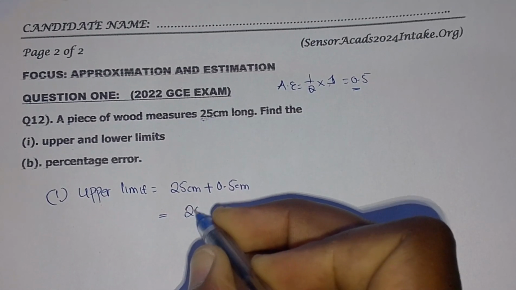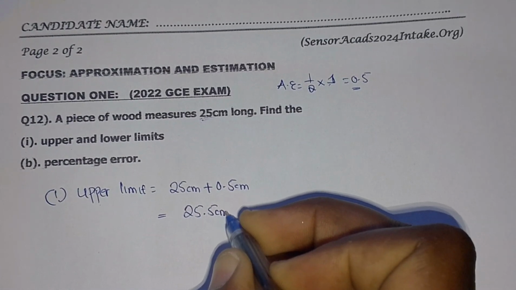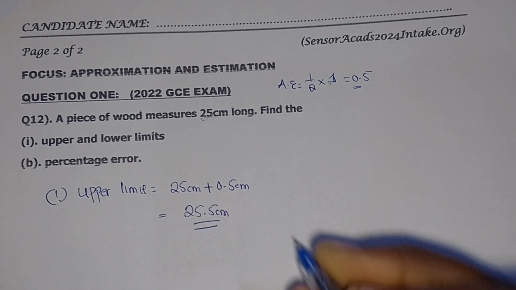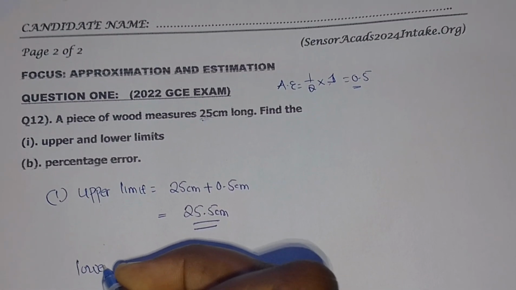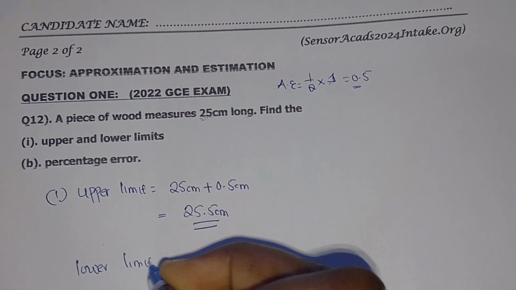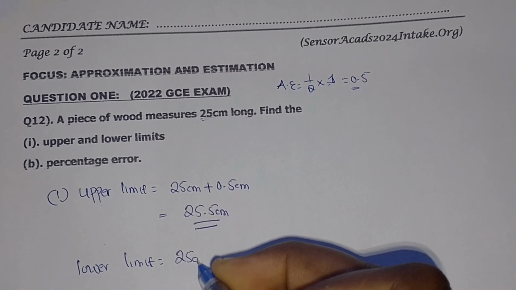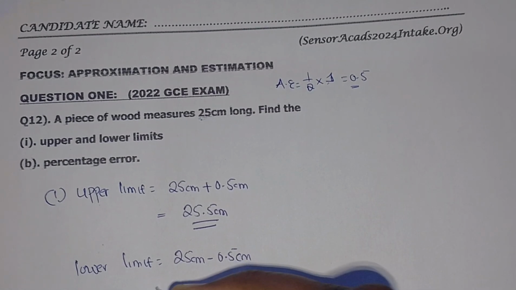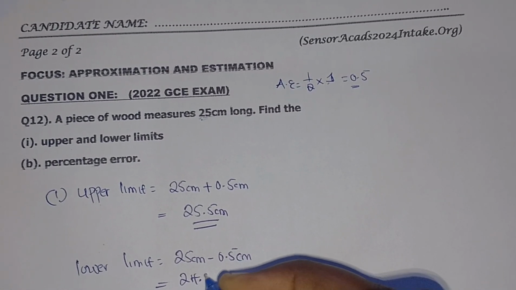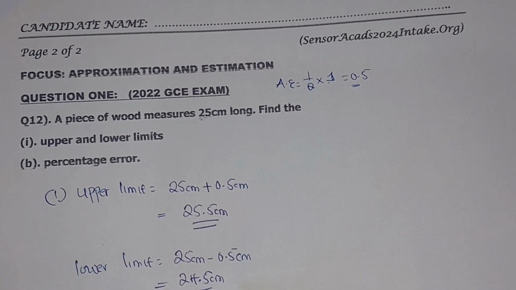This is going to give us 25.5 centimeters, so this one is the upper limit. Then for the lower limit, we're now going to say this is 25 centimeters minus 0.5 centimeters, and this is going to give us 24.5 centimeters.